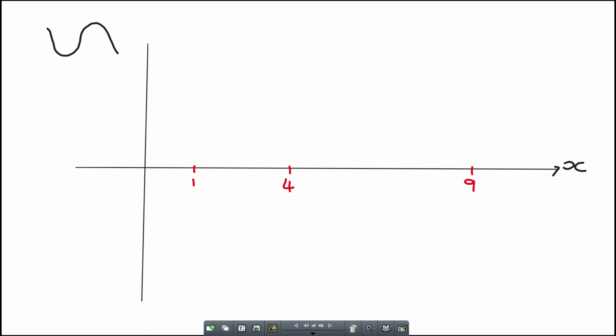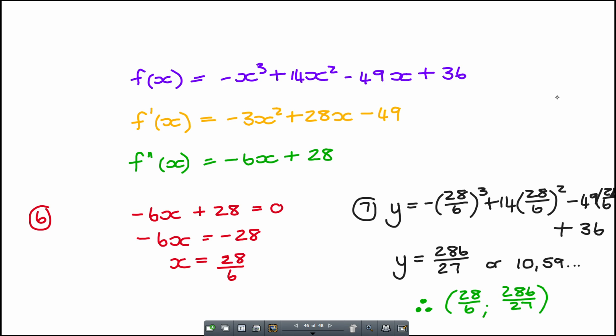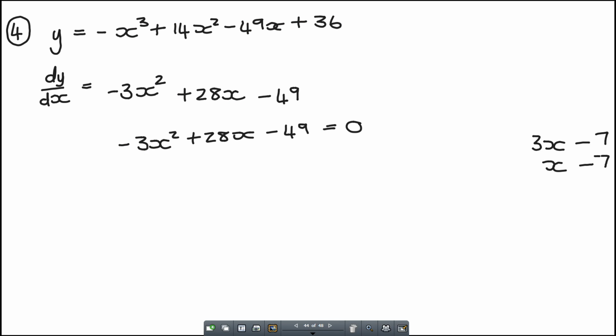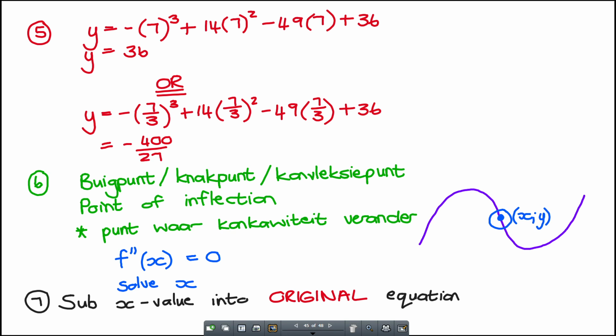Okay, then step 4 was those turning points. Nou die draaipunte, kyk gou hier. Yesterday we ended here at step 5, nee? Maar ons het nooit ons fisiese draaipunt gaan skryf nie. So the x value at my turning point. Haai, ons het nooit eers, ek het dit geskryf, maar dit was uitgevee. If x was 7, then the y value was 36.